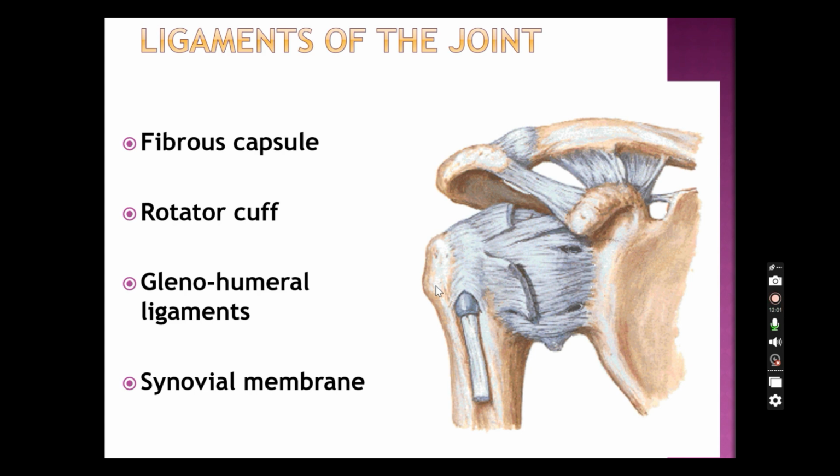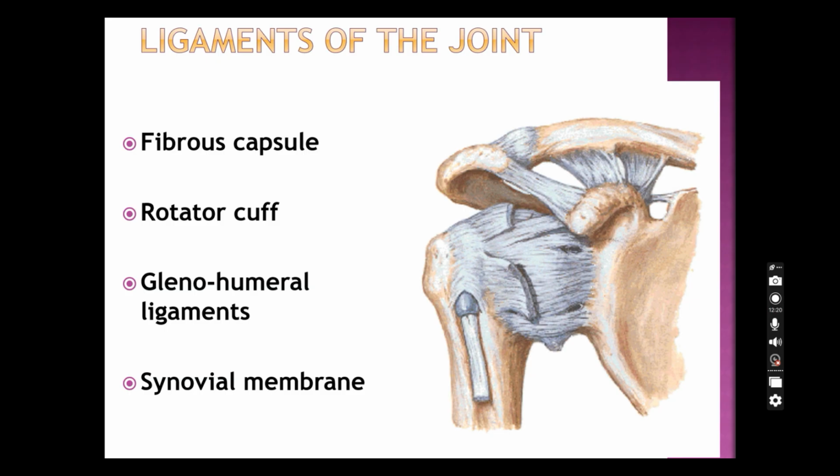When they come towards the insertion, the tendons of these muscles get flattened and fuse with each other and partly fuse with the shoulder joint capsule. This is called the rotator cuff.